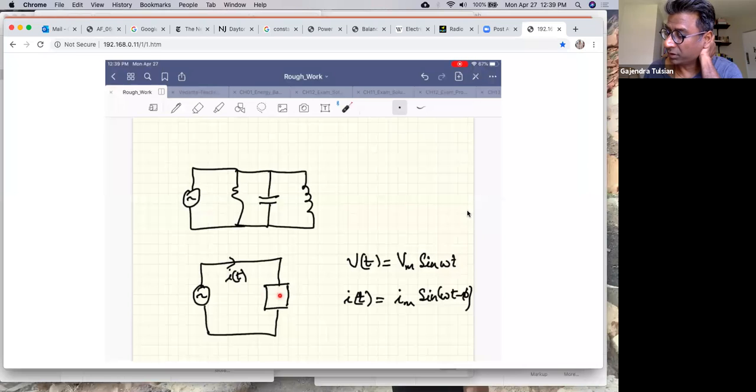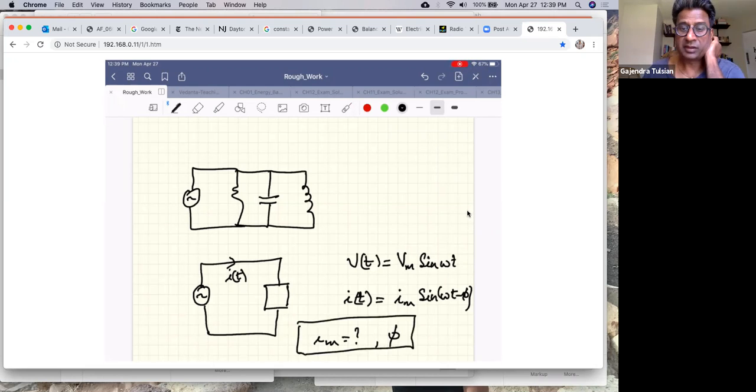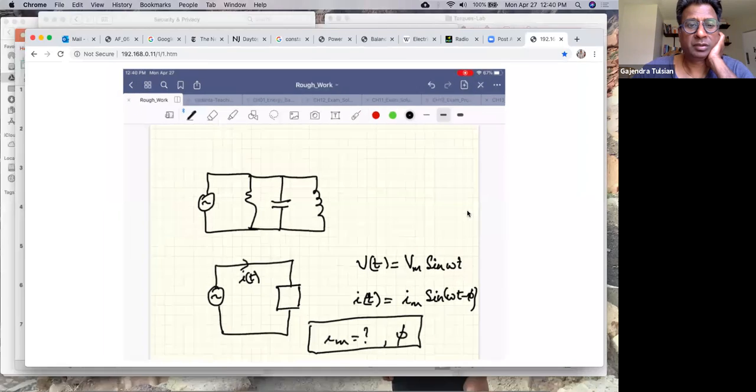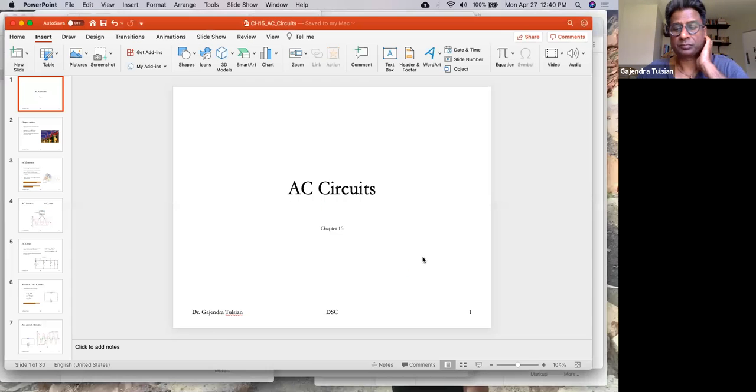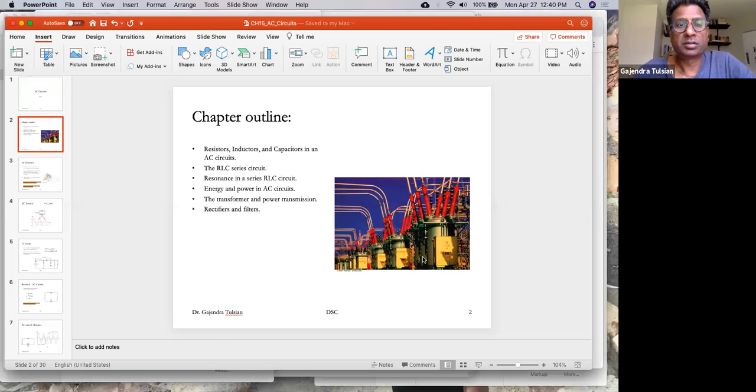So for a circuit like this, we'll be interested in two things. What is the amplitude of the current? And what is the phase shift? Okay. So those are the two things we're interested in an AC circuit. All right. So keep that in mind as we go through the slides. All right.